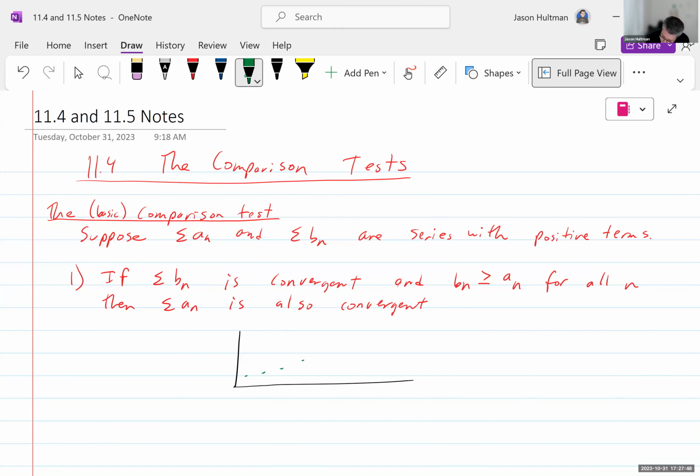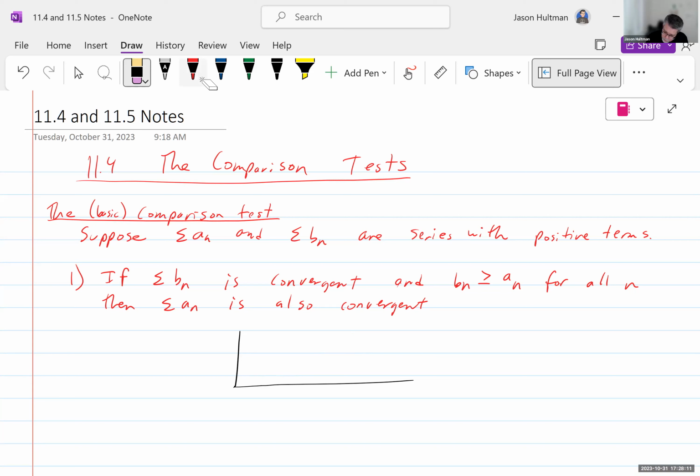The terms of b sub n are always bigger than the terms of a sub n. We'll let a sub n be red. Oops, let's do this the other way.